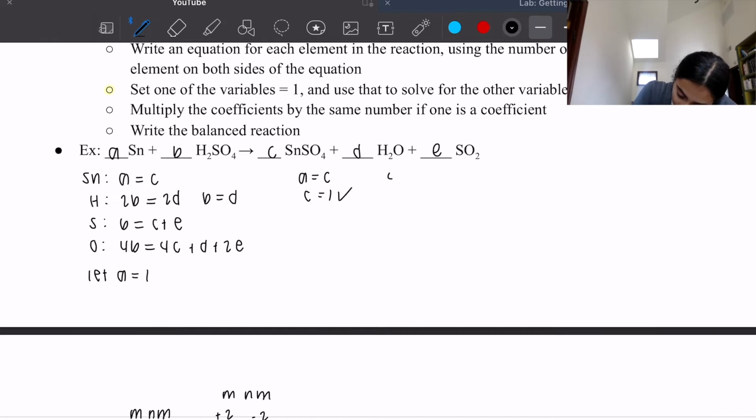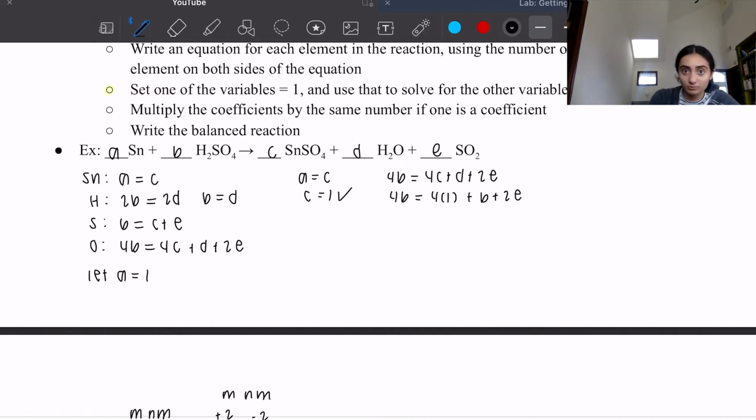So I'm going to write out 4B equals 4C plus D plus 2E. So now I'm going to substitute what I have. 4B equals 4. We know that C is 1. And we know that B equals D. So we have plus B plus 2E. Now I'm going to simplify. So I have 3B equals 4 plus 2E.